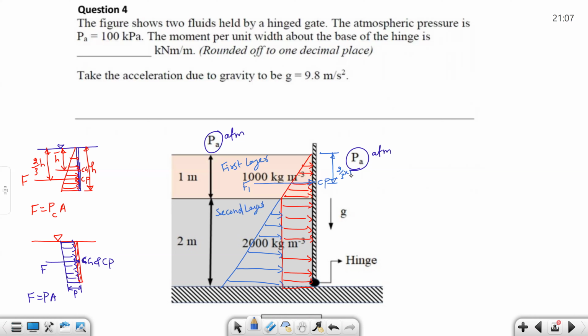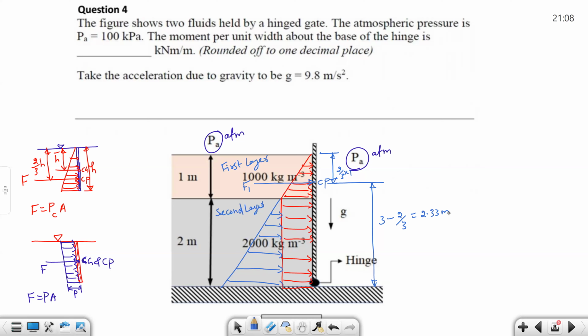But we wanted it from the hinge point, because we take moment from the hinge point. So this will be totally 3 meter, 3 minus 2 by 3, which is 2.33 meter.